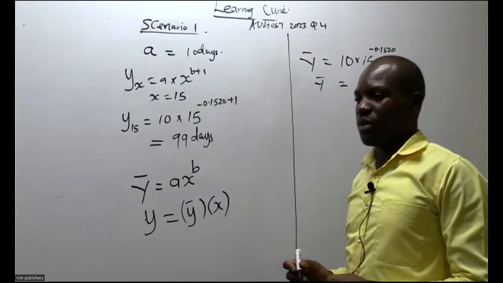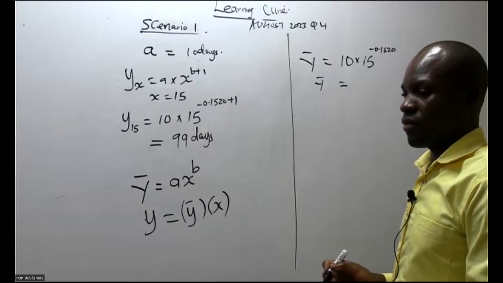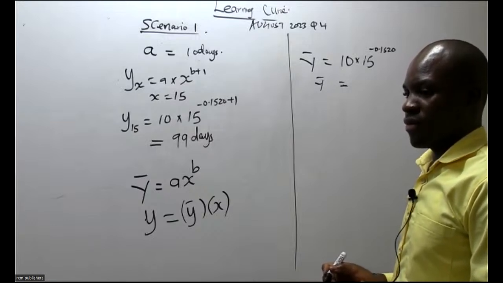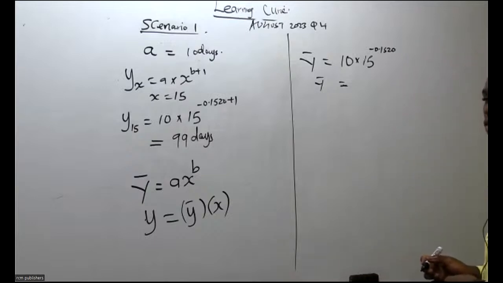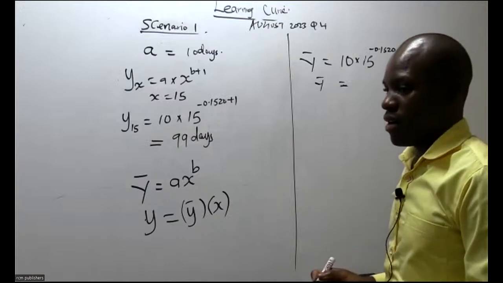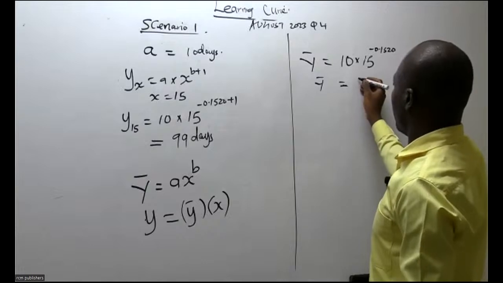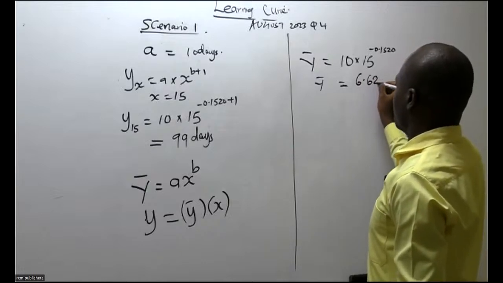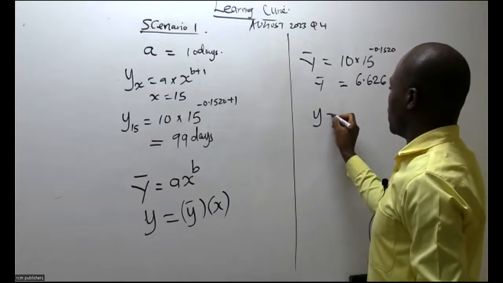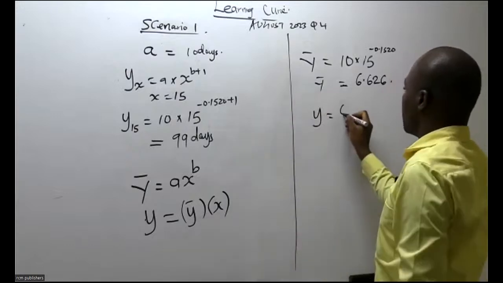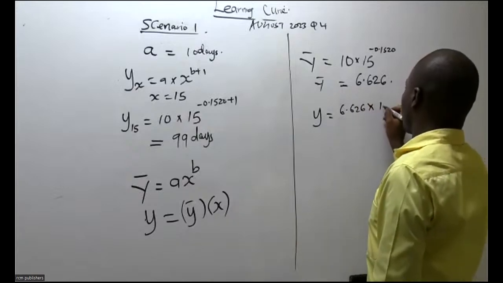The average is 6.626. Give us the value of Y, which is equivalent to the average, 6.626, multiplied by X, which is 15.